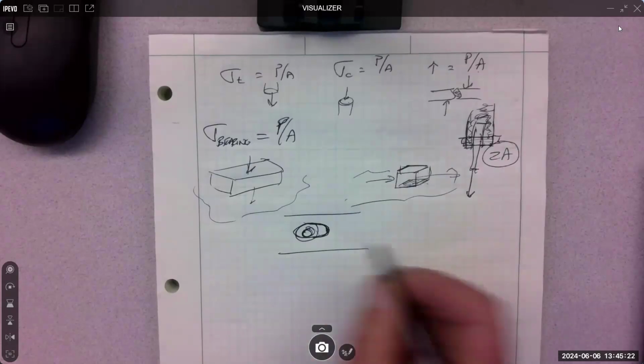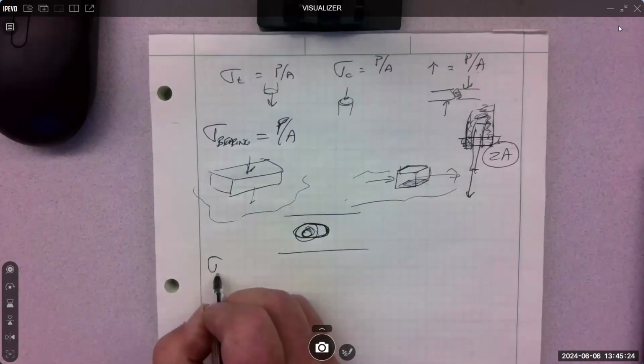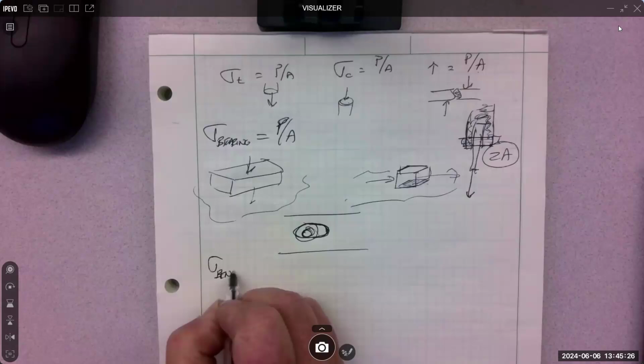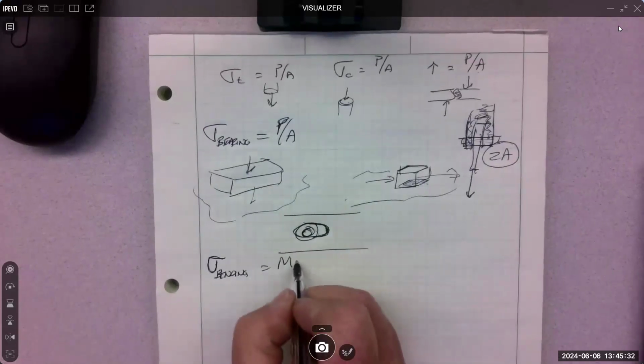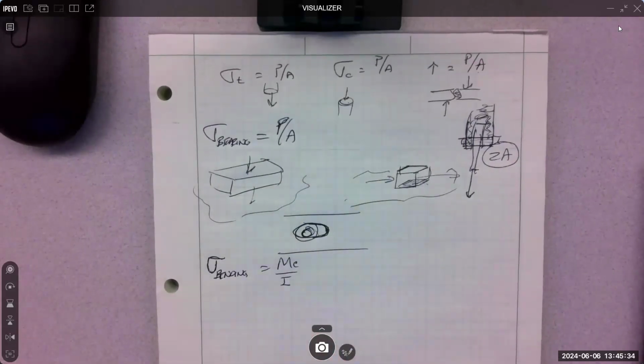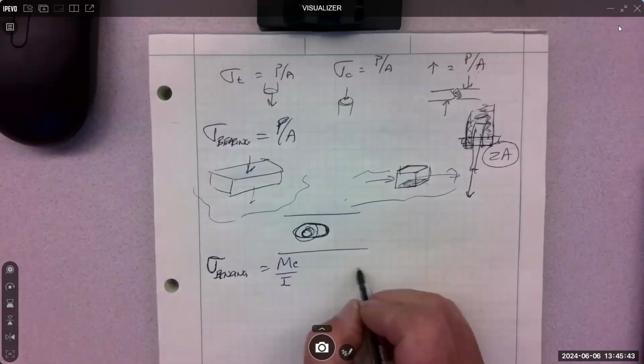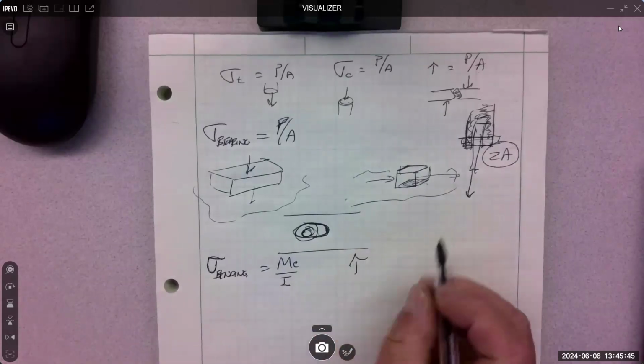And then what about this one? Bending? Bending stress? Yeah, that one's kind of recent. MC over I. When something bends, we can calculate the bending stress. And then there was back to shear stress and beams.